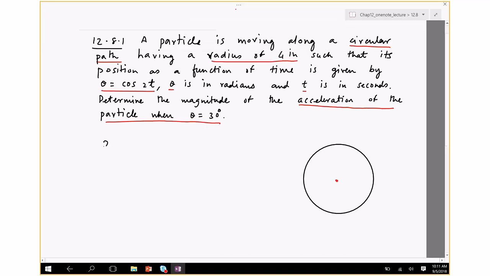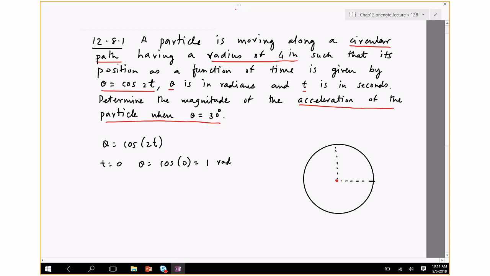So theta is cosine 2t. Okay. So at t equals 0, this is going to be cosine of 0, which is 1. Okay, that's 1 radians. So assuming this is 0, that's 90 degrees, pi by 2, which is 1.57.